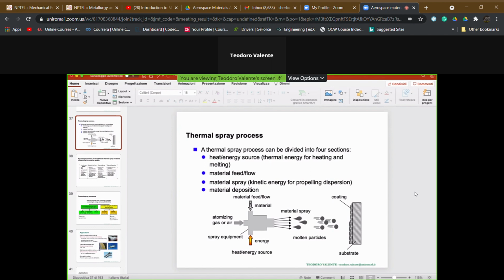And then regarding the material deposition, we have something to cover.